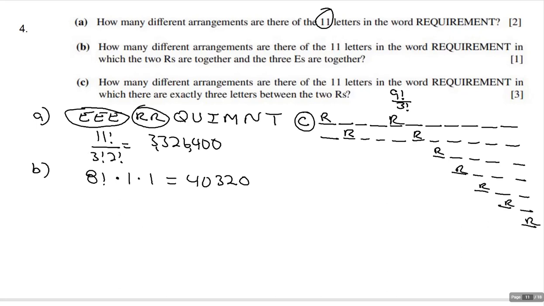How many different ways can I have it where the R's are 3 letters apart? Seven. Now, in every one of those cases, how am I going to arrange the other letters?